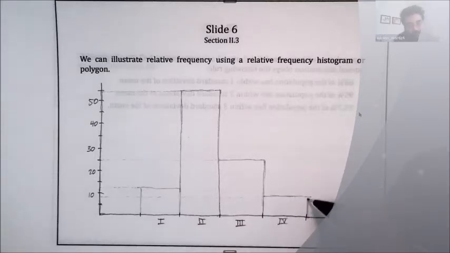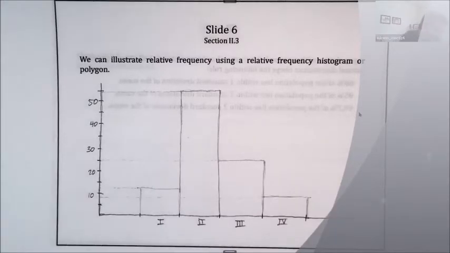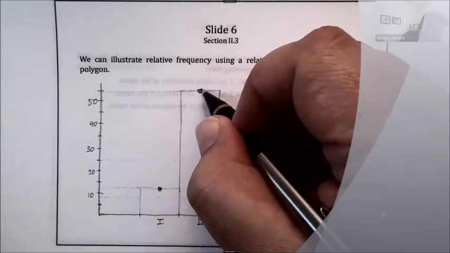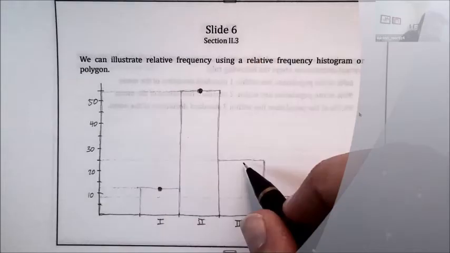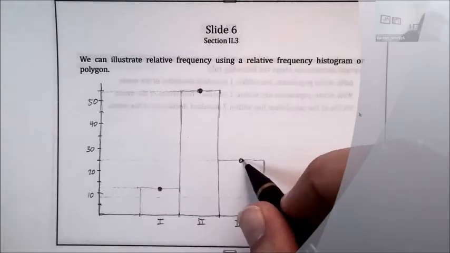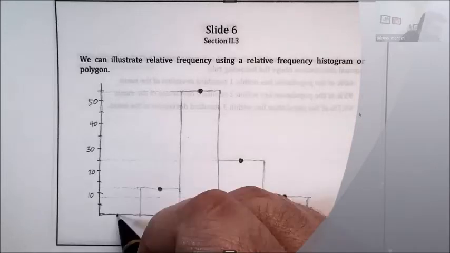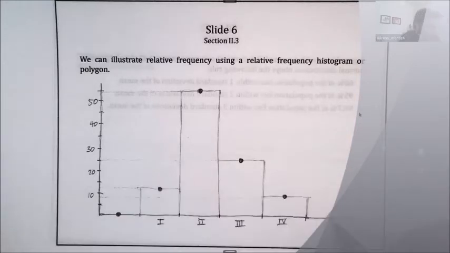Okay, so that's our histogram, which I've just kind of lightly sketched. And I'll do the line graph on top of that more darkly. And remember, we just put a dot in the middle of the top of each bar and connect the dots. And then we can also put a dot to the left and right. And just connect the dots.